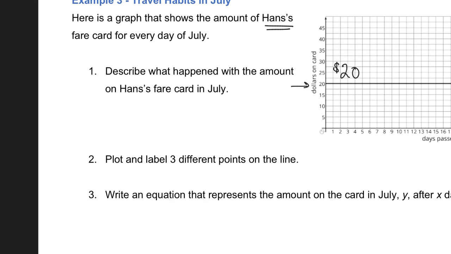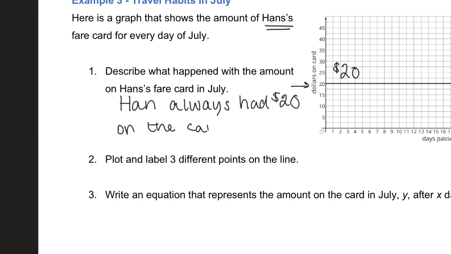So this means that Han always had $20 on the card, and that means he didn't use it.